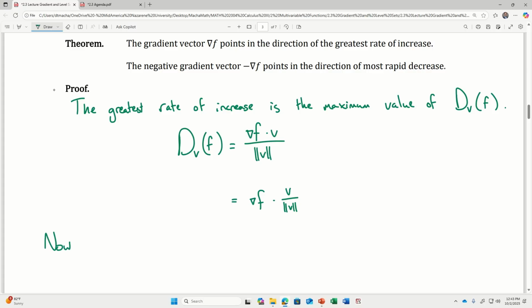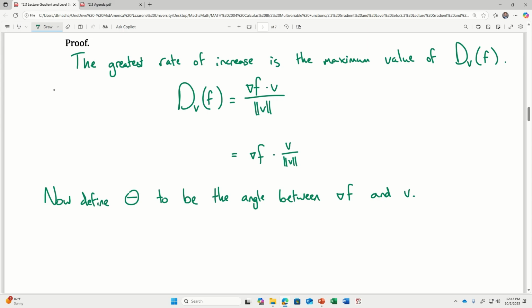Now define theta to be the angle between the gradient of f and my direction vector v. And with this dot product formula, what do we know about the dot product?